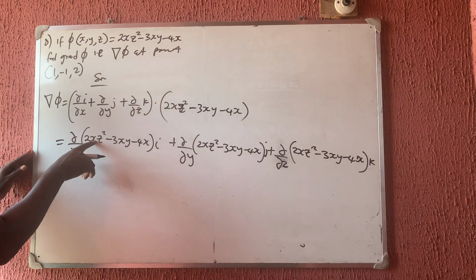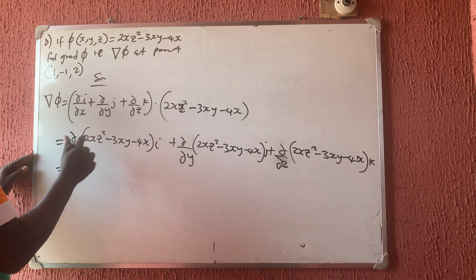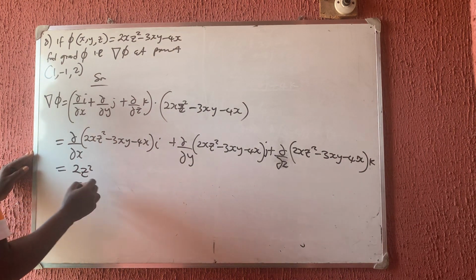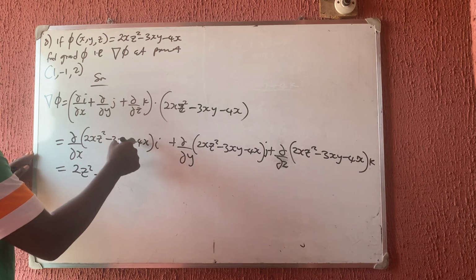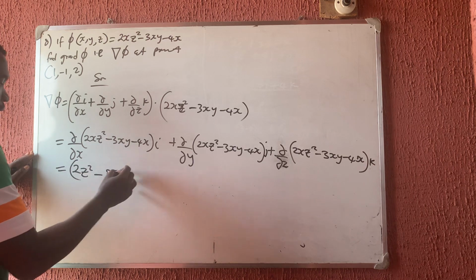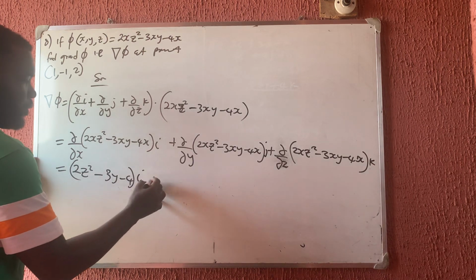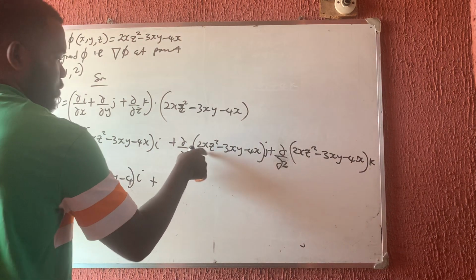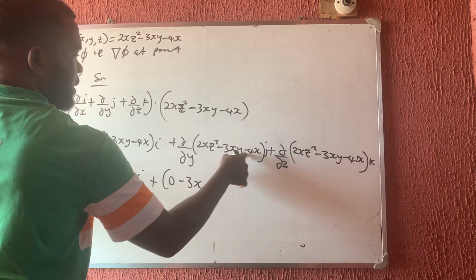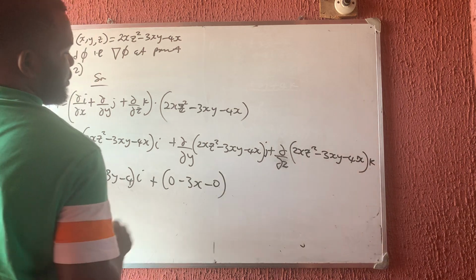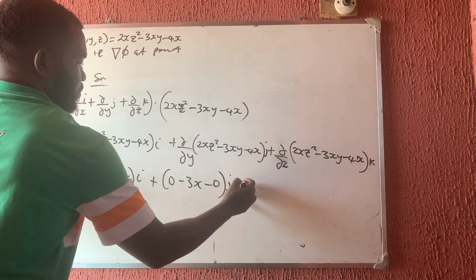Differentiating this one with respect to x, I have only the coefficient, which is 2z squared, minus 3y, minus 4, I put my i plus. Now differentiate this one with respect to y is 0, this one I have minus 3x, this one 0, I have my j plus.